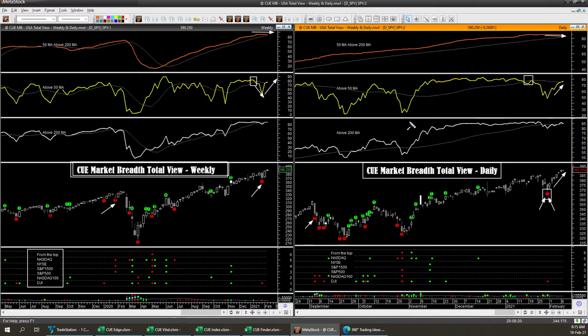That is showing that the total view is more bullish than the major indices, because the smaller caps went up stronger. Percentage of stocks above 200 MA is flattening out. That is about the same or maybe a little bit stronger than the major indices.